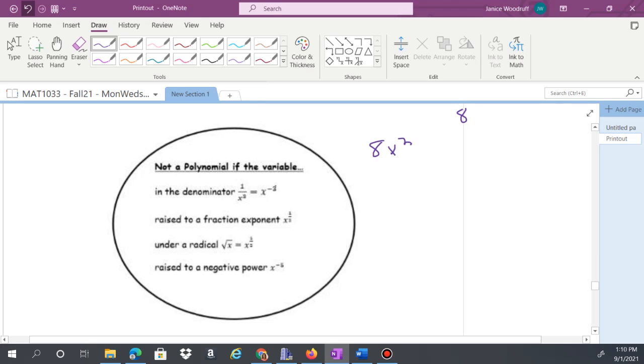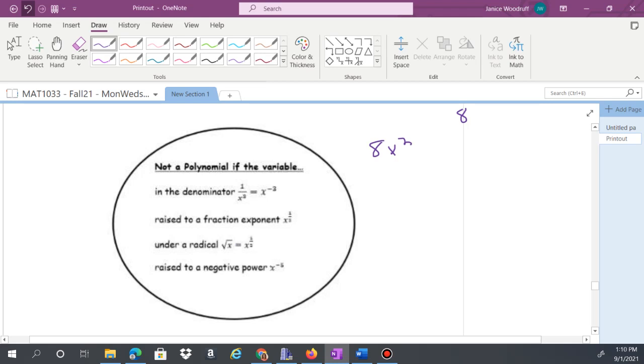Here are your exceptions. If you have a variable in the denominator, it is not a polynomial, or a negative exponent, because a negative exponent is a variable in the denominator. You can't have any fraction exponents either. So you can't have an x to the 1/2, because x to the 1/2 is technically under a radical, and under a radical is not a polynomial either.